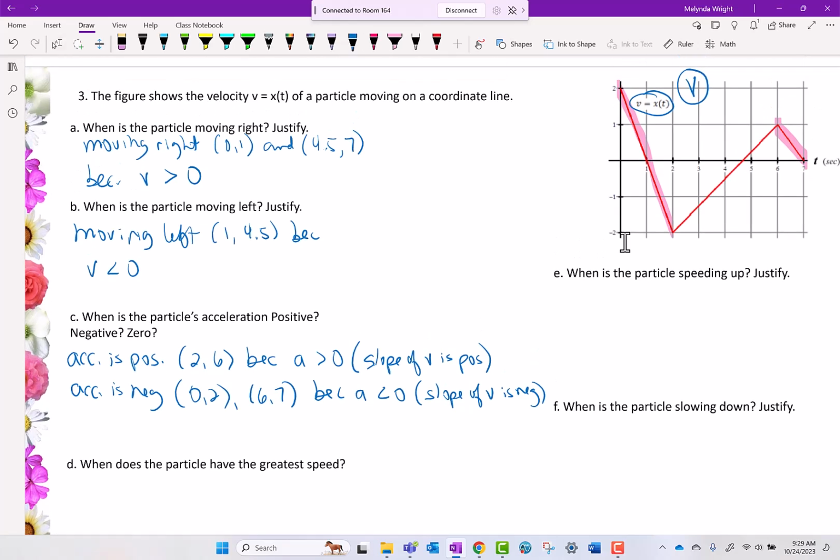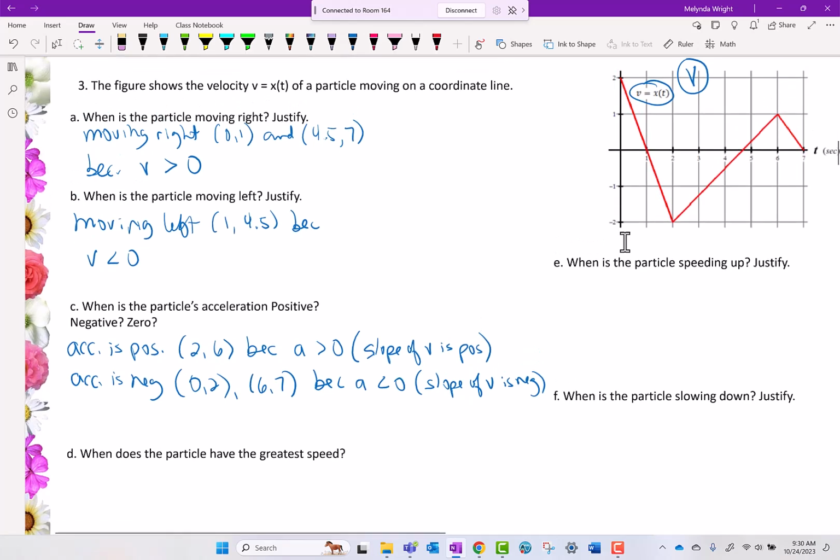So we're going to say acceleration is 0 at t equals 2 and t equals 6. And we don't know what's happening after 7, so we can't do that. And I'm going to leave a justification off of that. I'm not going to talk about that.